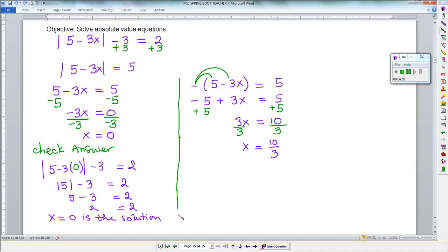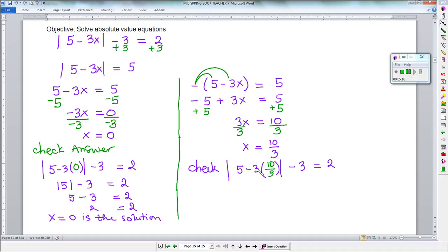Now we check the second answer. We will substitute x for 10 over 3. So we have the absolute value of 5 minus 3 times 10 over 3, minus 3 equals 2. We simplify inside the absolute value symbol first.